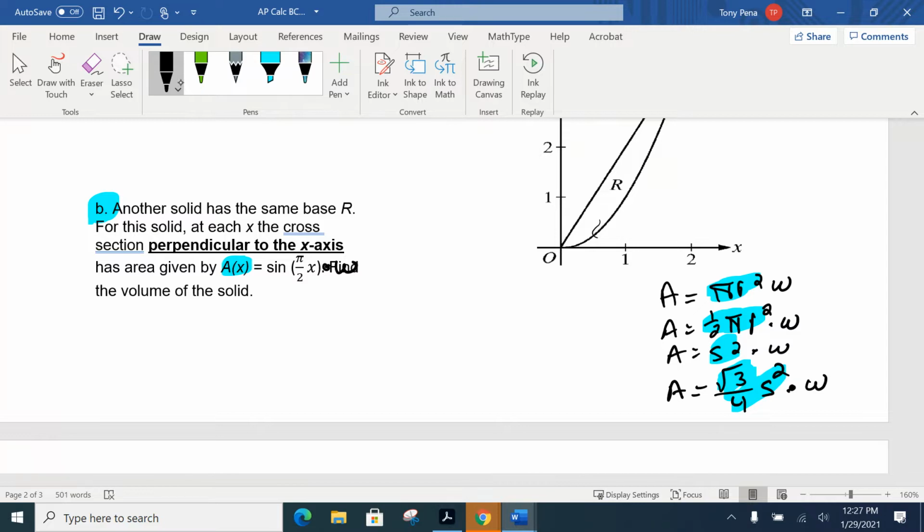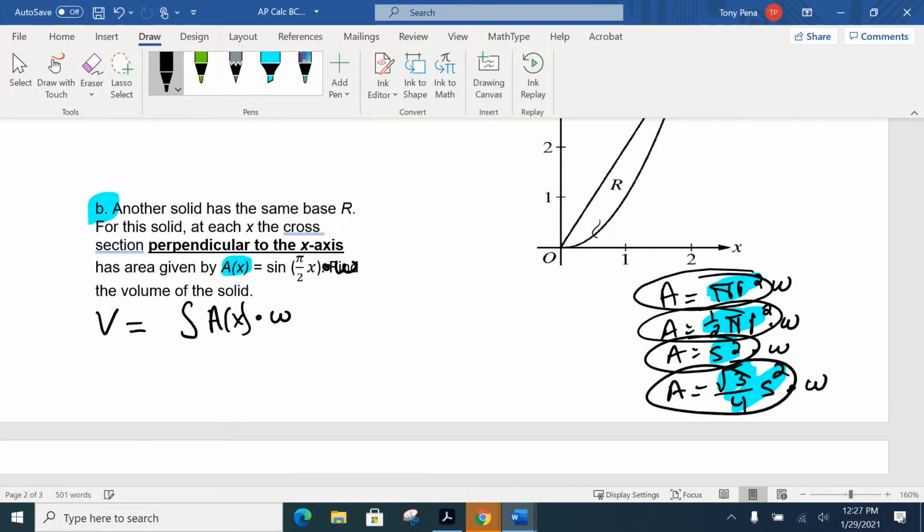So if we're going to set this up, pretty much every problem, are we really just taking our area equation and multiplying it by our width? Normally it's geometry shapes like over here. In this case, they're just telling us what that area is. It is the sine of pi over 2 x multiplied by our width.